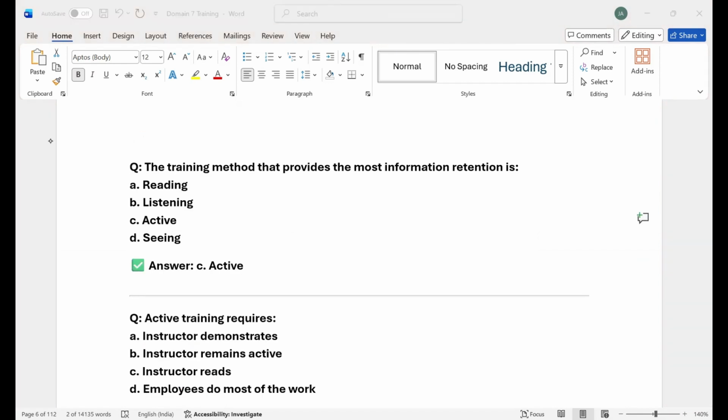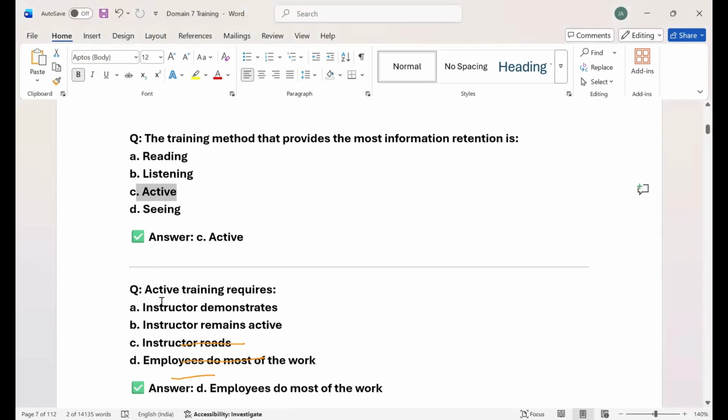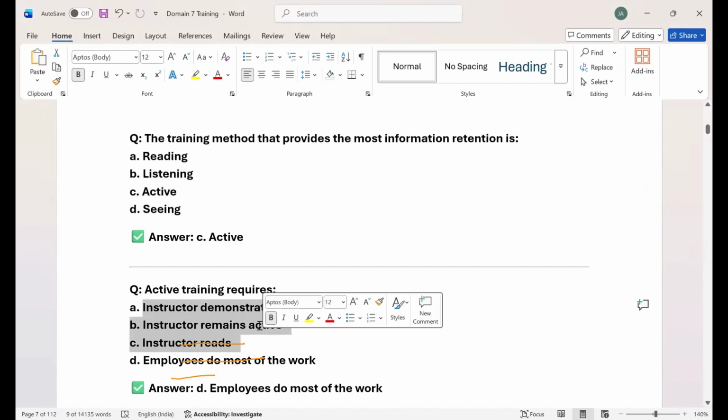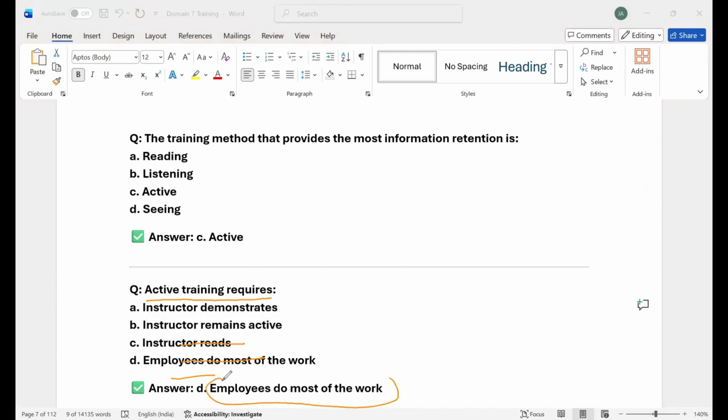Active training requires that the instructor demonstrates, the instructor remains active, the instructor reads, and employees do the work. See, when the instructor is doing and demonstrating, these are all active, but here who is active? The instructor is active. But in active training, what we want is for the employees, the trainees, to be active.